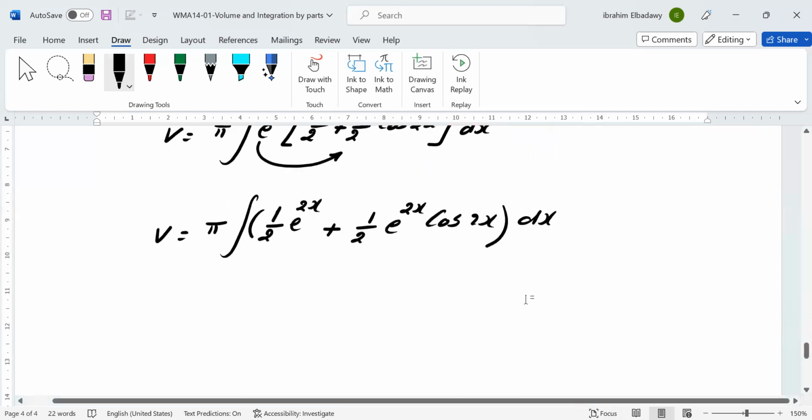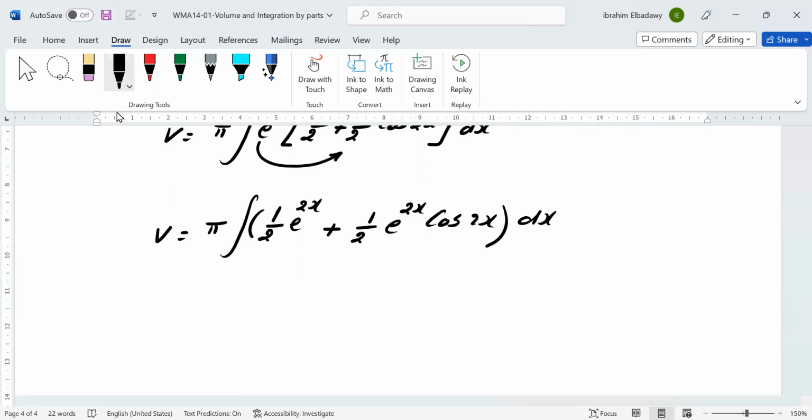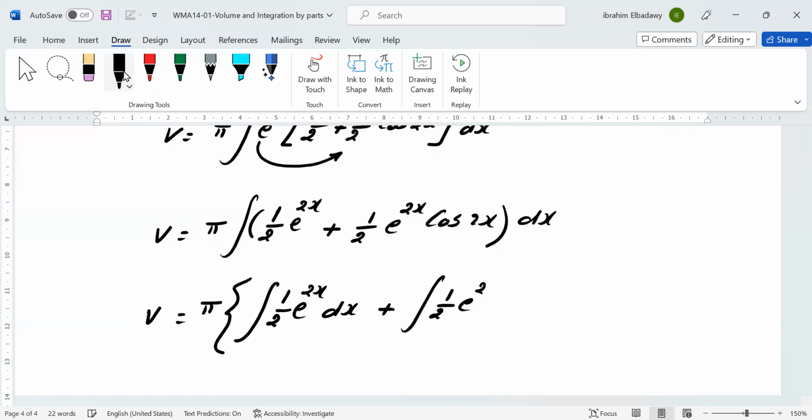Actually, there is a property of integration: you can distribute the integration. How can you distribute it? You can say, for example, the volume equals pi, open bracket, integrate half e power 2x dx. You can split the integration into each term individually, like that, plus integrate half e power 2x cosine 2x dx, and close the bracket.